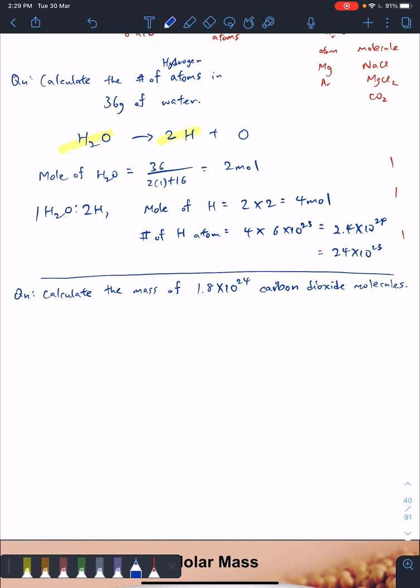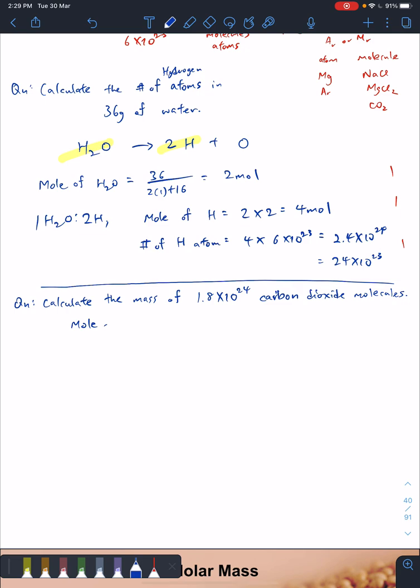Okay, so now you have unpaused, you have tried it on your own. So now let's go through it. So first step, equation. So you actually don't need the equation because it's molecules. CO2 is already a molecule. So there's no need for any ratio. Second step, change to mole. So mole of CO2 is 1.8 times 10 power 24 divided by the Avogadro number, which gives you 3 mole.